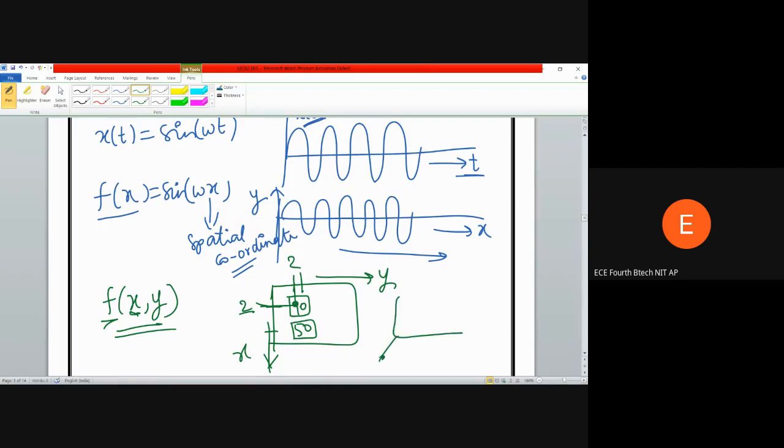At this particular x value and this particular y value, I am going to have this much amplitude. So x is one independent variable, y is another independent variable, and at these two I am going to have some function value f of x comma y.